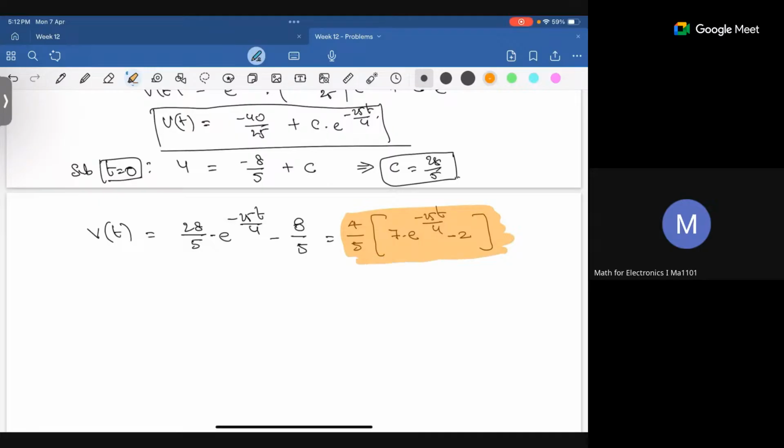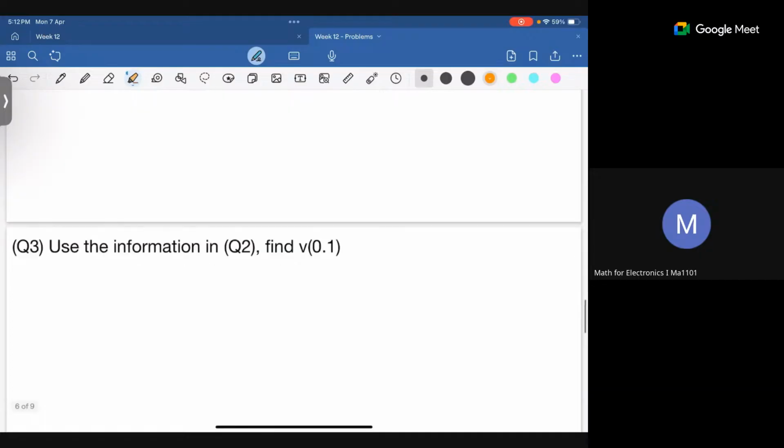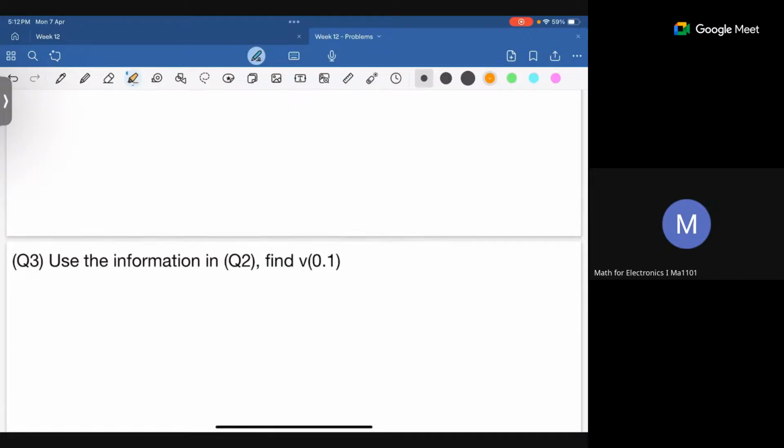Once we have this solution, part 2 can be, they can ask the speed at any given time. Okay, so the question is, use the information in question to find the speed at 0.1 second.